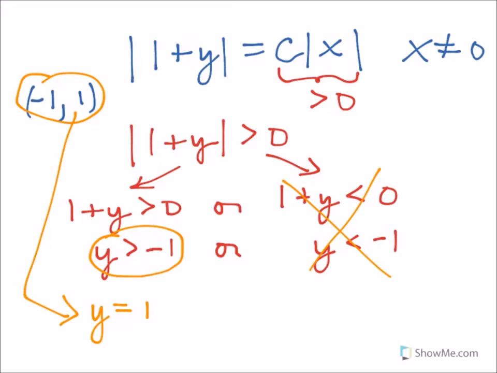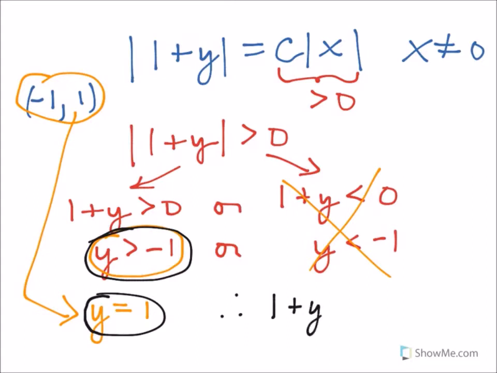If y is equal to 1 at the initial value, that means that y is greater than negative 1. Okay, we don't need the absolute value on 1 plus y. Think about it. If y is greater than negative 1, well, we just proved it, 1 plus y is positive. So we can say the following. Therefore, 1 plus y is equal to c times the absolute value of x.